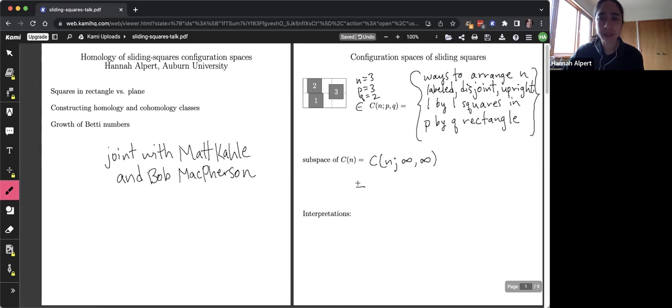That's homotopy equivalent to if we just take the rectangle to be big enough, which in this case is going to be n by n. If there are n pieces moving around, as long as you have enough space in each direction that they can't sort of span that whole length touching each other, that's the same as having even more space. And this space is also homotopy equivalent to the space of configurations just of points, distinct labeled points in the plane.